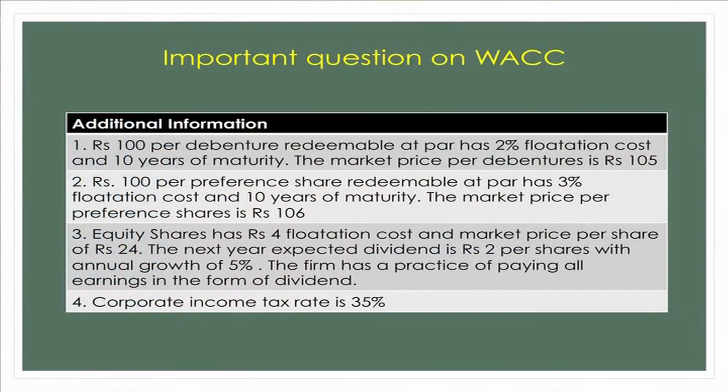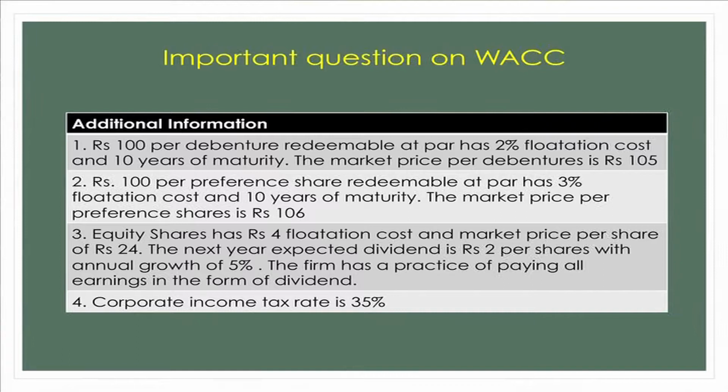Now, since this question is based on computation of weighted average using market value, we will find out the market value of debentures, market value of preference shares and market value of equity shares. We have already been given in the question the market value of debentures to be 105, preference shares 106 per share, and equity market price 24.